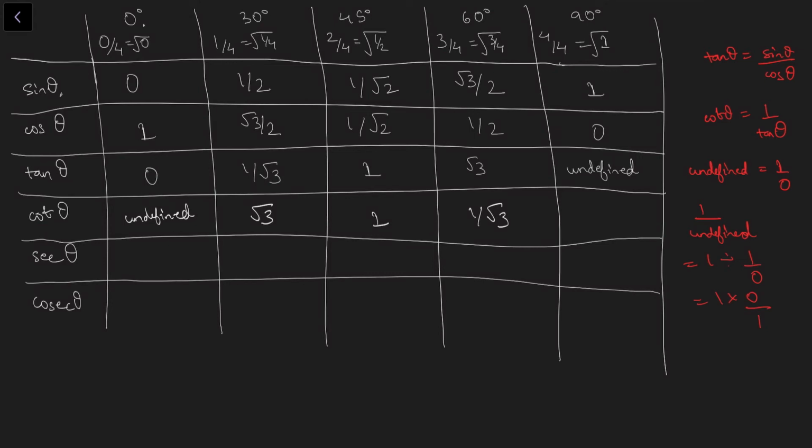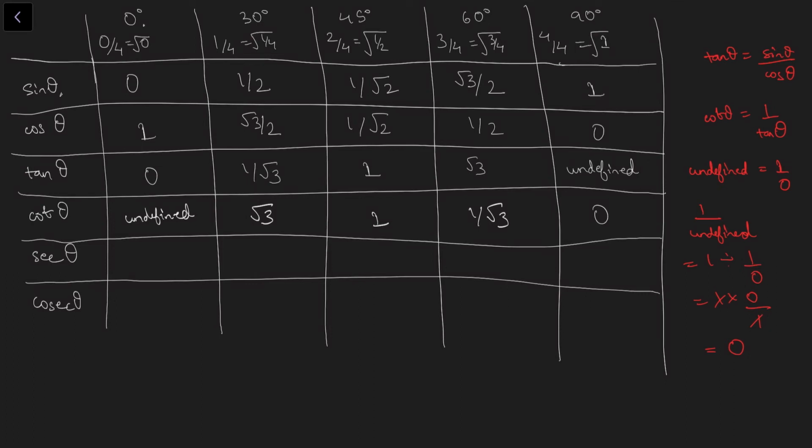And this is a perfectly correct math equation. We can just solve this, we'll get 0. So the reciprocal of undefined or infinity in this case is going to be 0. Again, if you observe, you'll see that all of these tan values are the exact opposite of the cot values.